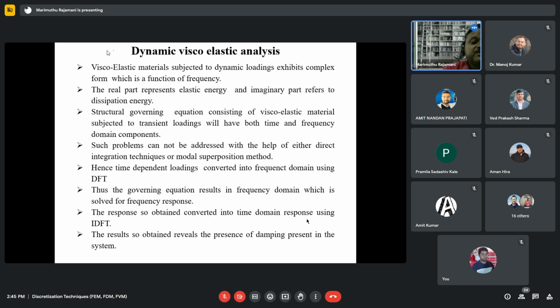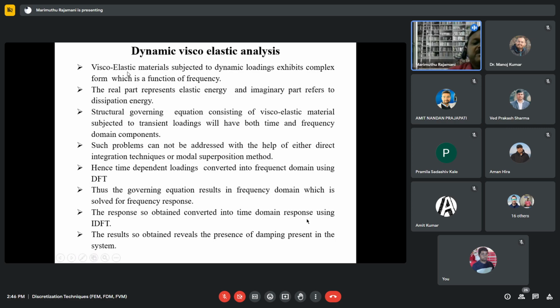Apply the load, it deforms, then it comes back to its origin. That is elastic. This one shows very stiff behavior in the beginning. Then, as the same load is applied, it deforms further and further, and then somewhere it reaches equilibrium. That is the way viscoelastic material behaves. Now, when you consider the same material for dynamic loading, what happens?